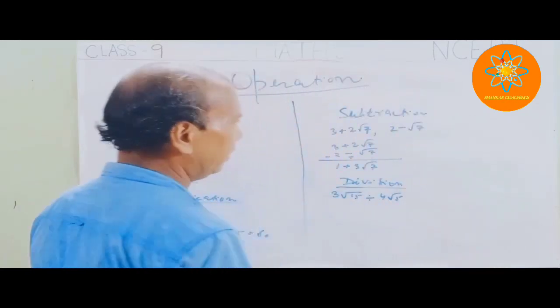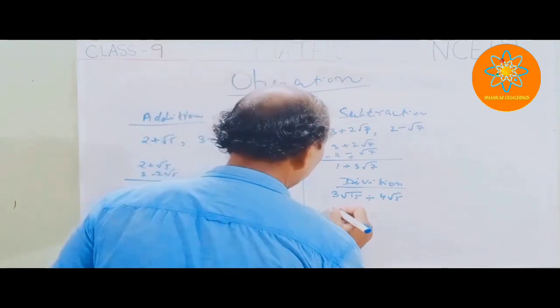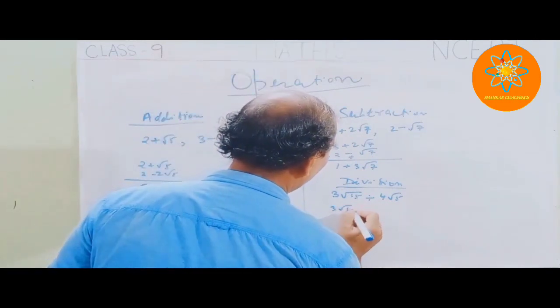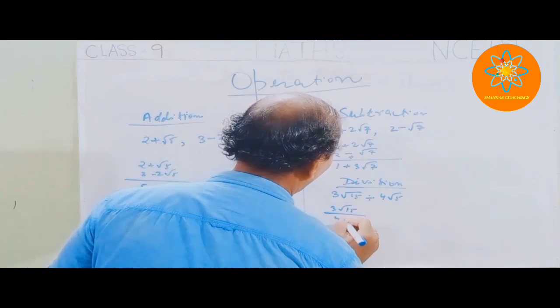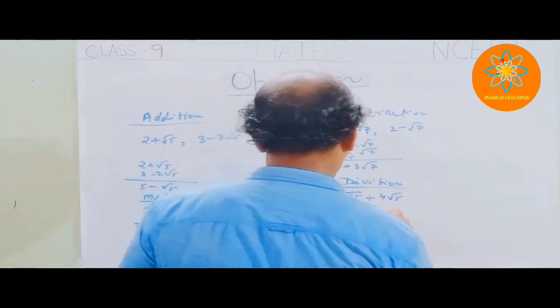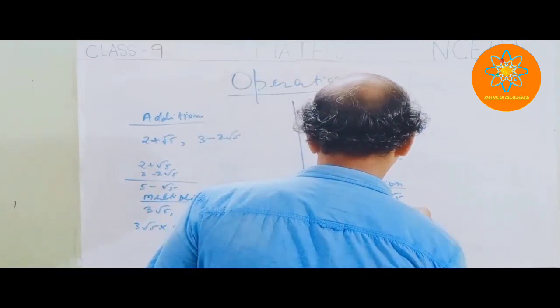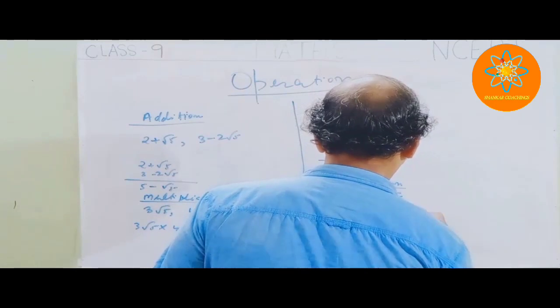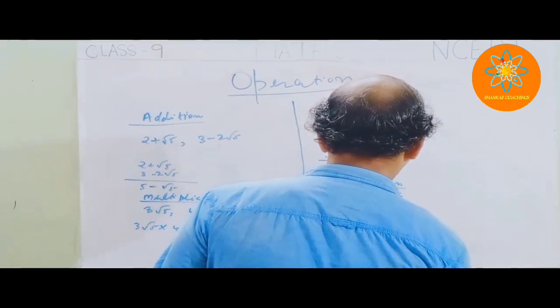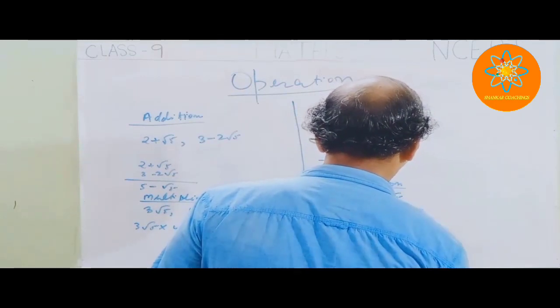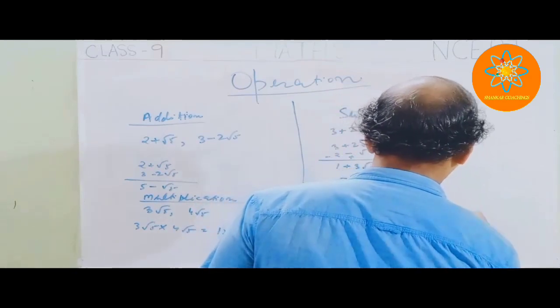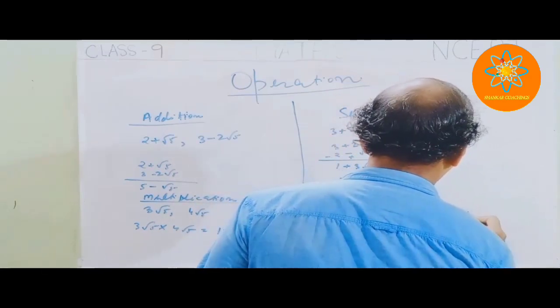So how will I divide it? This is nothing but 3 root 15 by 4 root 5. So this is equal to 3 root 5 into root 3 over 4 root 5. Here the root 5 cancels. So it is 3 by 4 root 3.